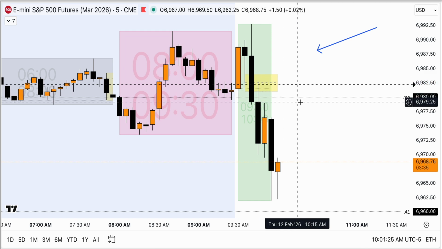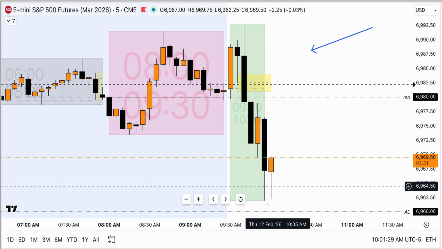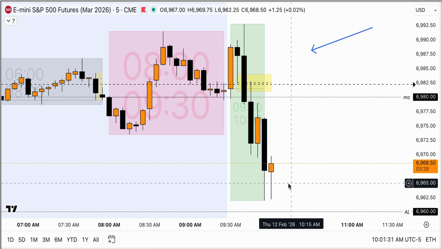I'll consider that. This is just a rough idea, just a rough placement. We don't have a swing low. We need a swing low first, then we need retracement. So we have our direction. We've got step one of the two-step model that I use. There's only three steps. Step two is to identify the fair value gap.